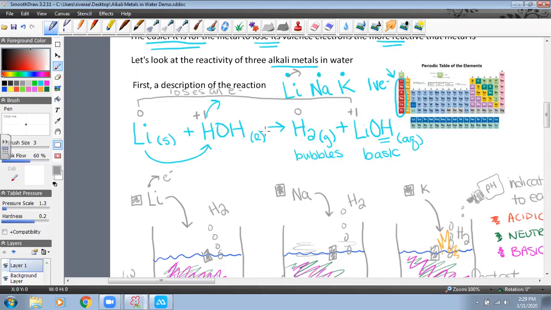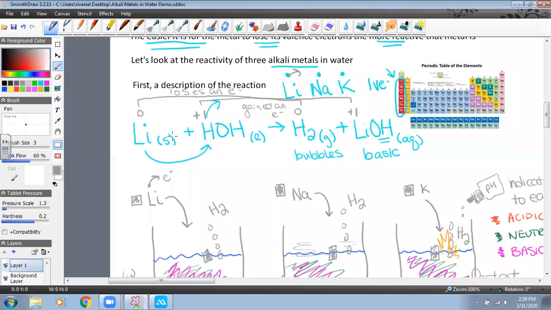And then Anthony's question was, okay, fine, but where is it going? Look at what's happening to hydrogen. Hydrogen in the water has a 1+ charge, but then hydrogen in the product as the gas has no charge. How do we go from a positive charge to no charge? It must have gained an electron.